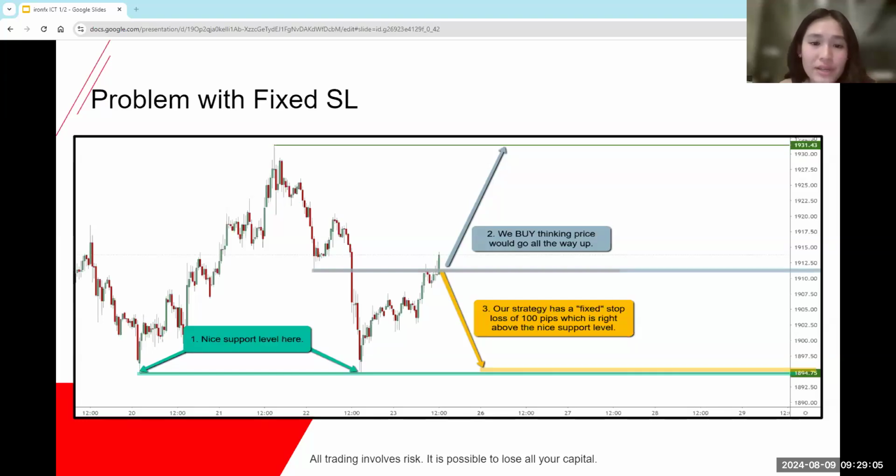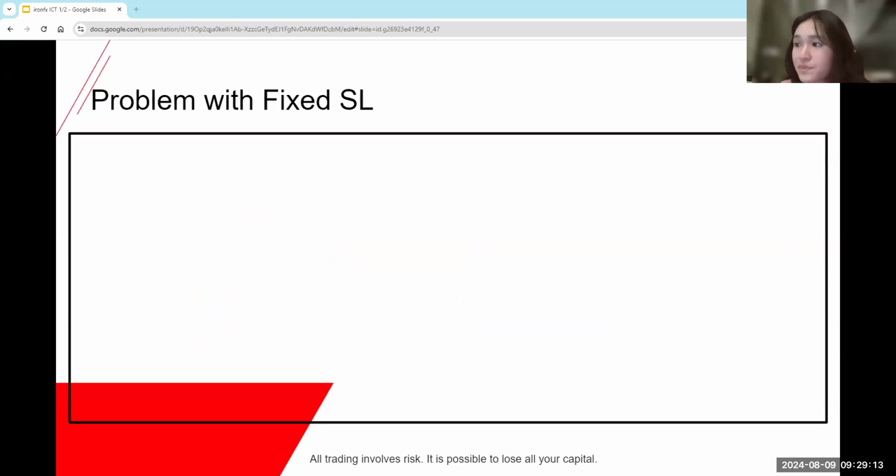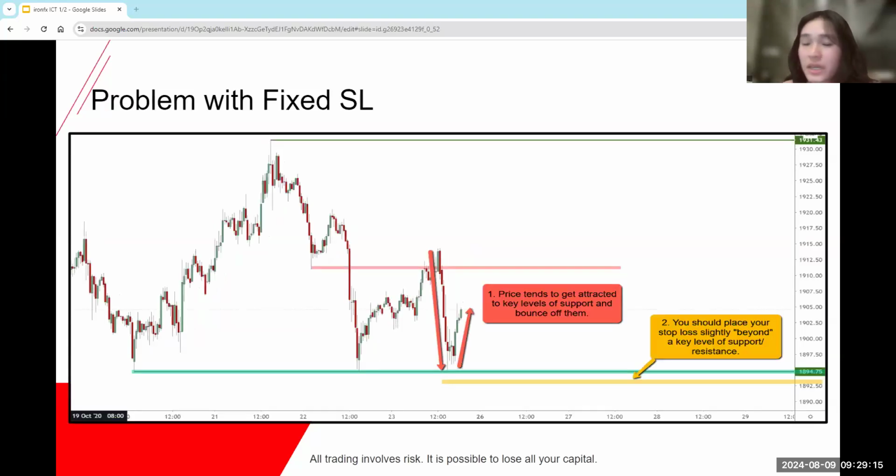Okay, it's a support level. So price goes down, touches the stop loss and bounces perfectly from the support. Okay, so what we should have done instead is to place our stop loss slightly beyond the key level so that we aren't stopped out at the support, as price tends to be attracted to these key levels as we mentioned and bounces off of them.